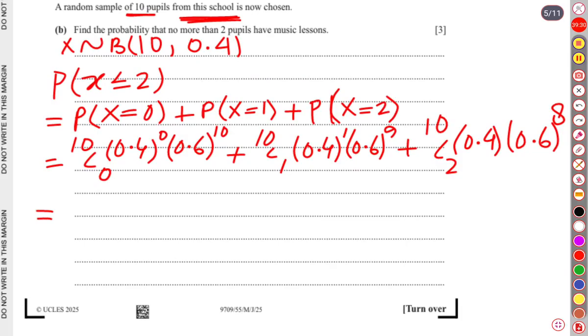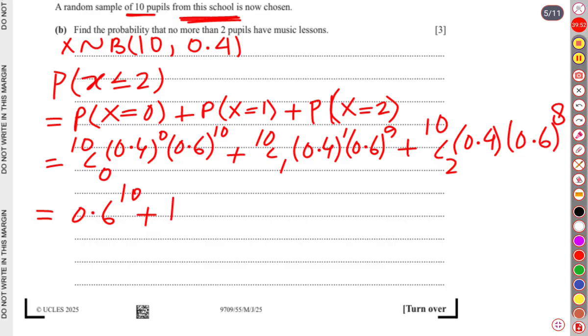From 10, if we choose no one, there is only one way, and 0.4 raised to 0 is also 1. So it is actually 0.6 raised to 10 plus. From 10 students, if we choose only one student, how many times can we choose? 10 times.